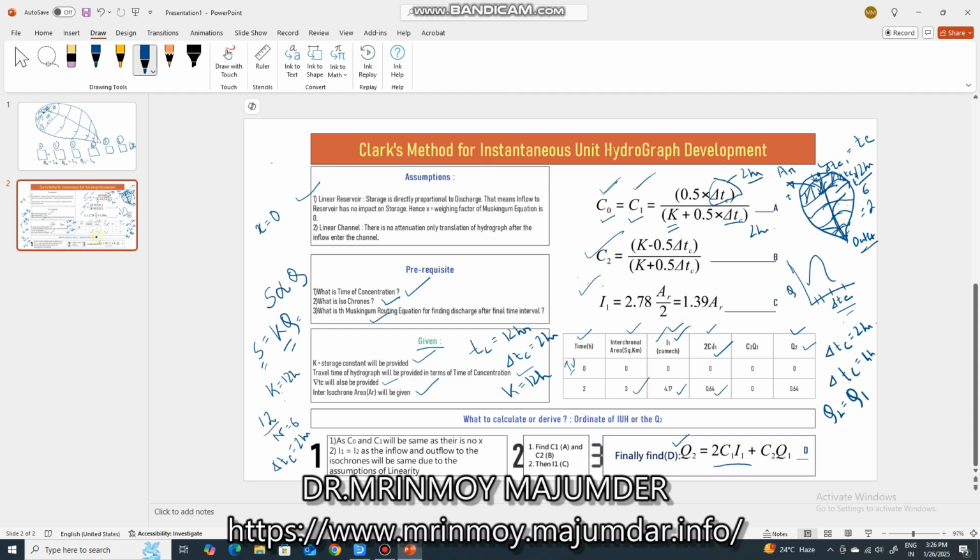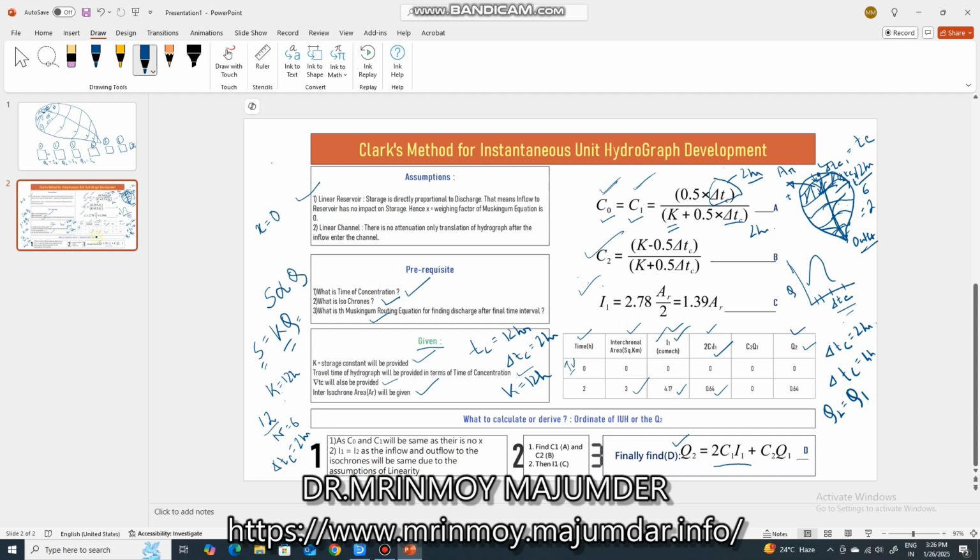Right? So basically with this, for each of the time scale 0, 2, 4, 6, 8 till 12, there will be a Q2 that you can calculate, and with the help of that you can easily draw a unit hydrograph.